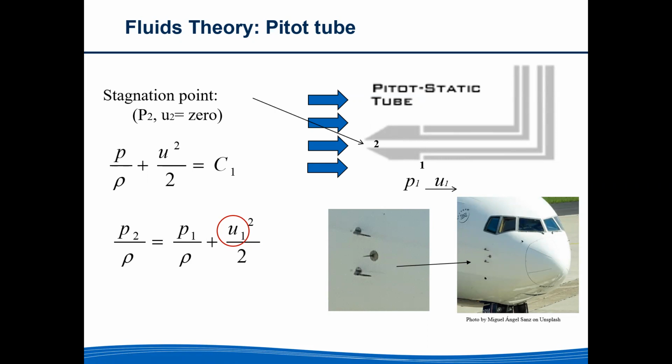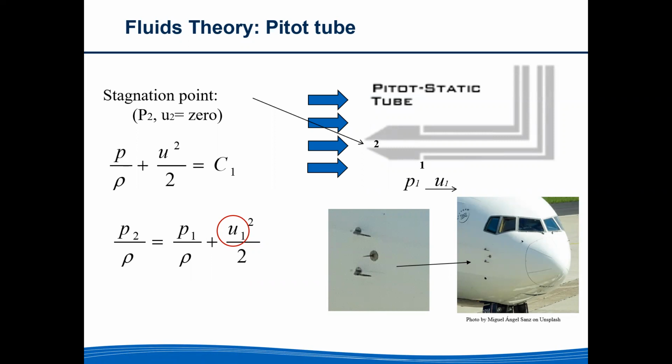At point 1, so, there will be atmospheric pressure P1 and U1, the speed of the aeroplane. But at the front point of the pitot tube, the air in the tube will go nowhere. It is the stagnation point. Suddenly, air entering at point 2 will stop. The local speed U2 will become 0. With decreasing speed, the pressure will increase.